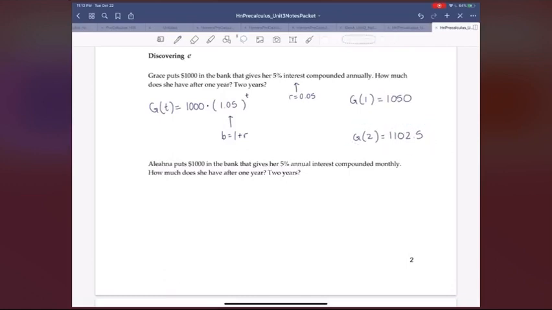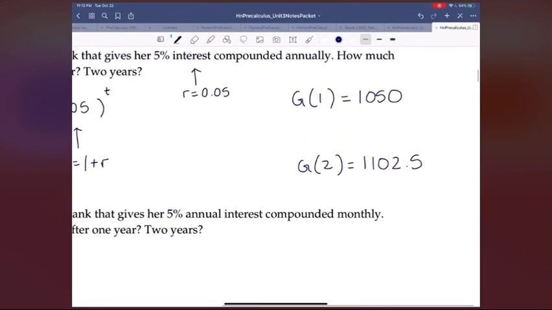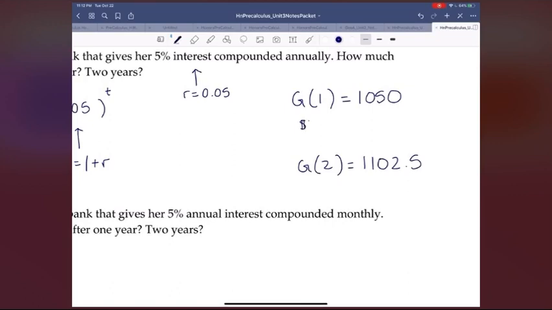And I'll just write out some words here. $1,050 after 1 year, $1,102.50 after 2 years.